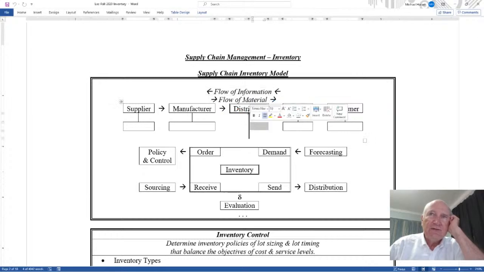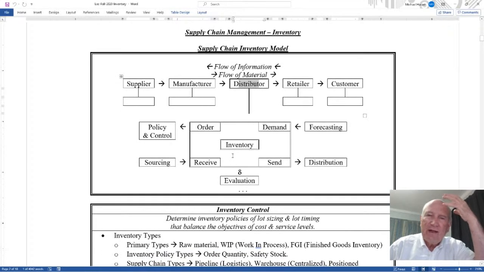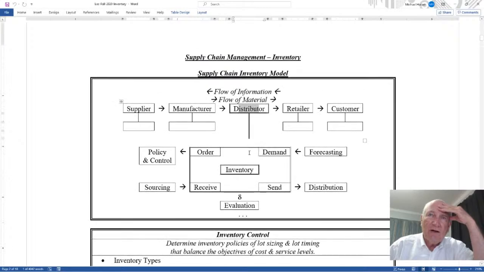Now I'm taking the distributor, this one stage, and breaking it up into the inventory. So this really could apply to each one of these stages a little bit differently, but nevertheless, these 5 areas are still there. Okay, and here's my framework for supply chain management for inventory.